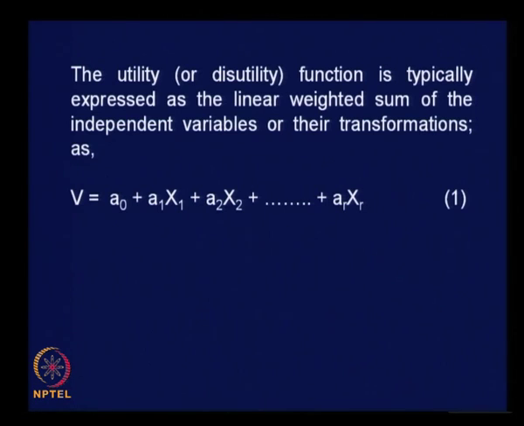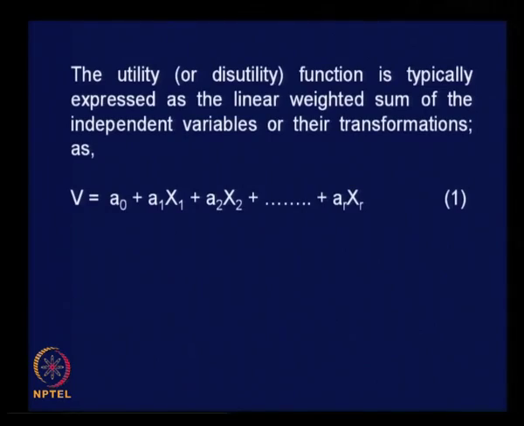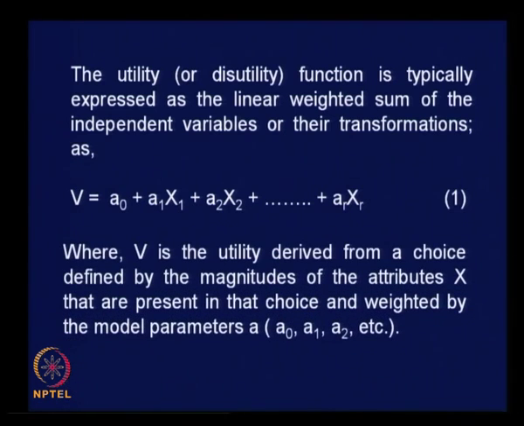In general, you can write the utility function V equal to A0 plus A1 x1 plus A2 x2 plus and so on up to Ar xr, where V is the utility derived from a choice defined by the magnitudes of the attributes x that are present in that choice and weighted by modal parameters A, implying A0, A1, A2 and so on.